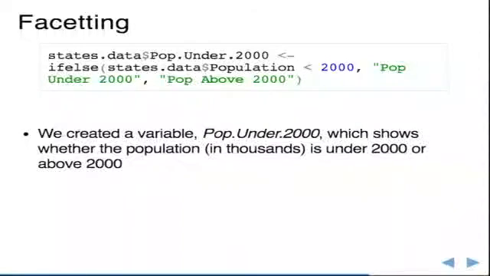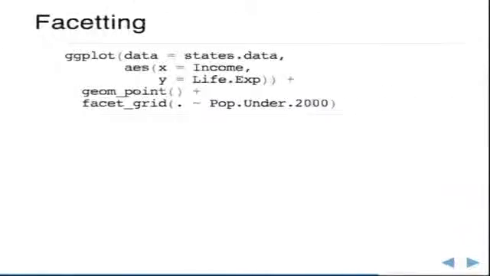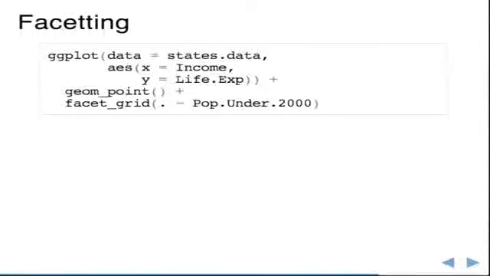So basically, you would just load the data in using this line of code. And with ggplot, it's again the same, data equals states.data. The aesthetics would be the income on the x-axis and life expectancy on the y-axis, and geom point as the points.